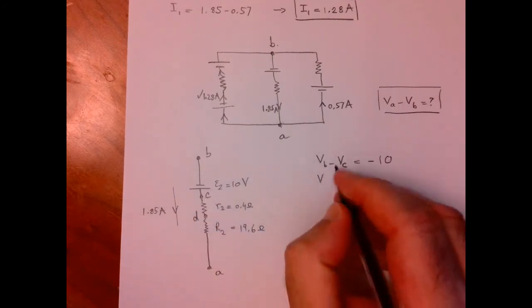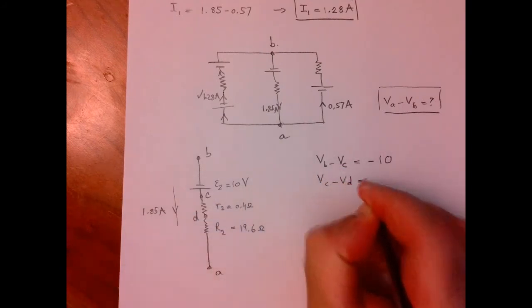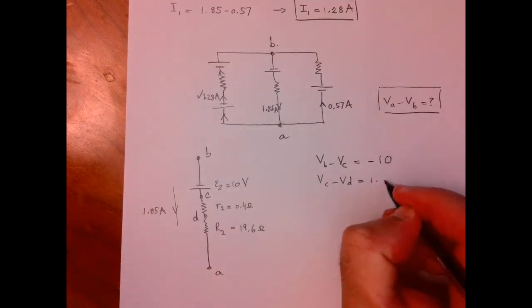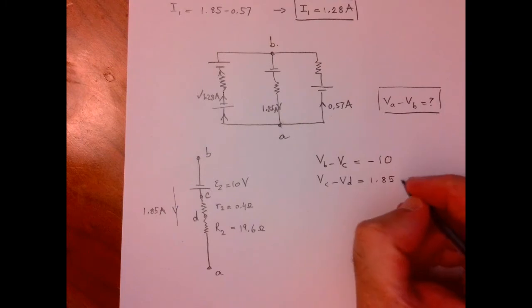Then I'm saying VC minus VD is the current multiplied by the resistance, so it will be 1.85 times 0.4.